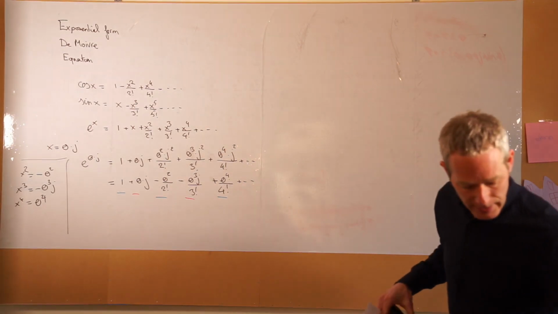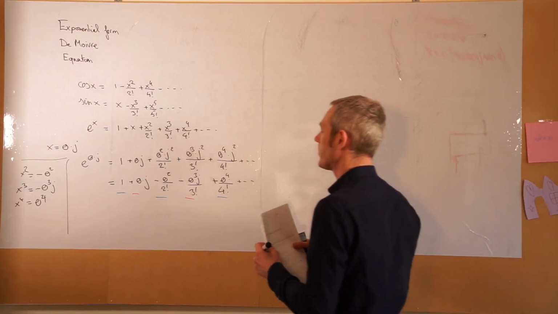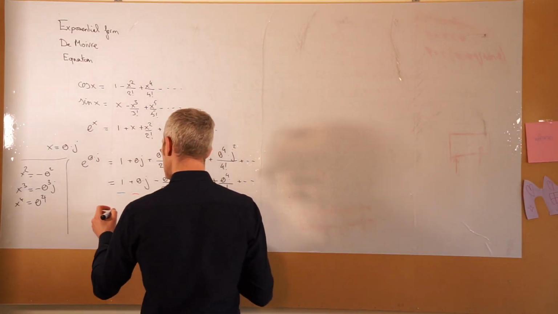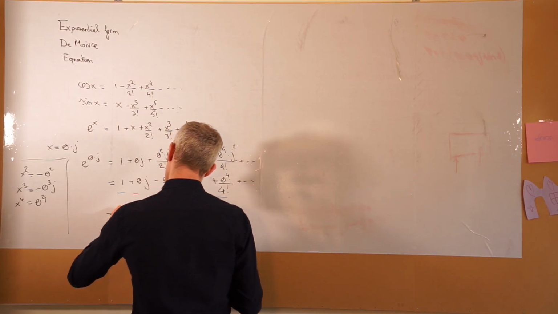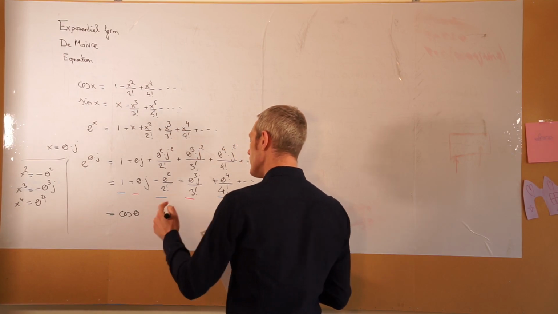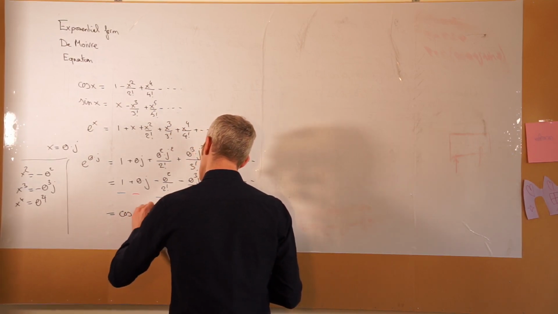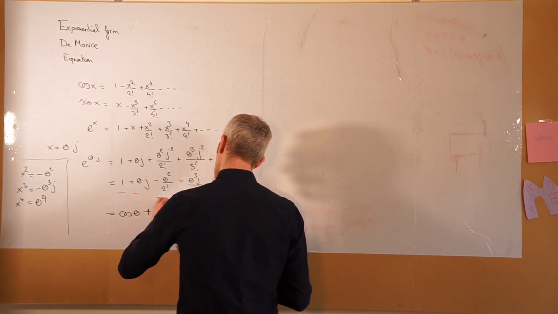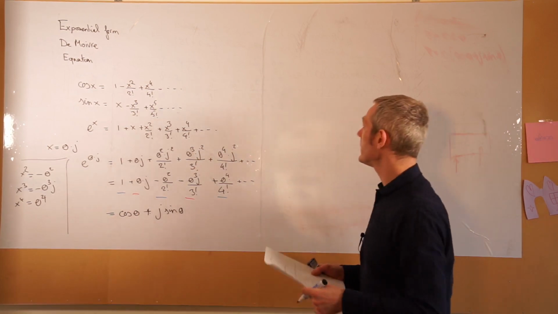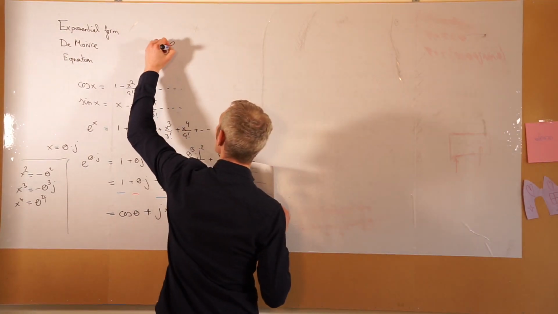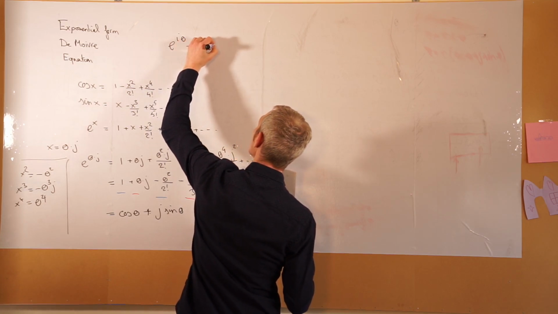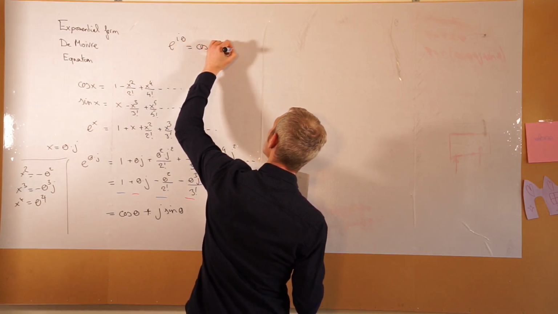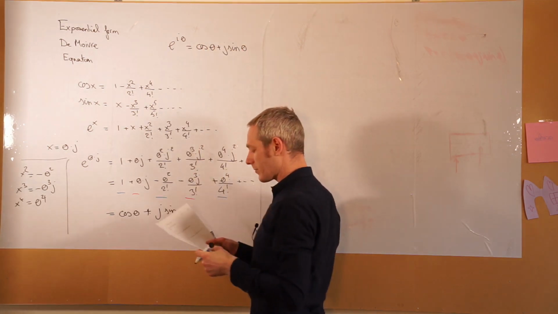If we take this series, the blue parts are equal to cosine of theta, and the red parts are equal to j times sine of theta. So we can write e to the power of j theta as cosine theta plus j times the sine of theta.